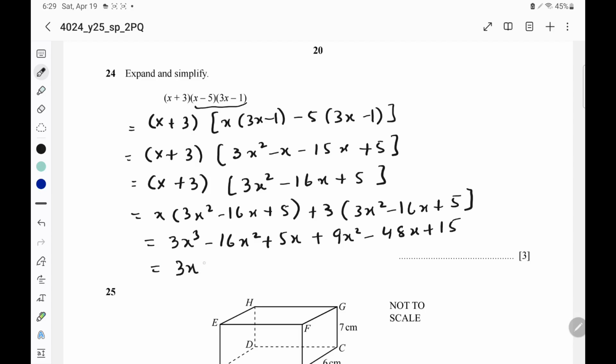Now combine the like terms. Minus 16 and plus 9 is minus 7x square, and plus 5 and minus 48 is minus 43x, and plus 15, the constant number. So 3x cube minus 7x square minus 43x plus 15.